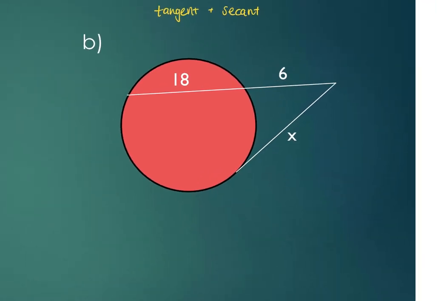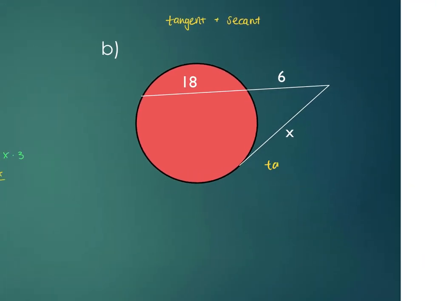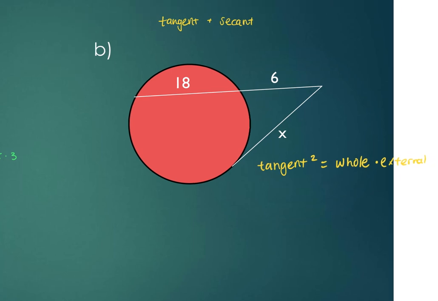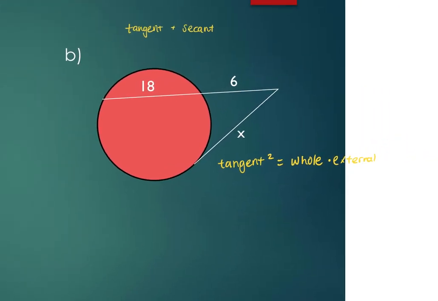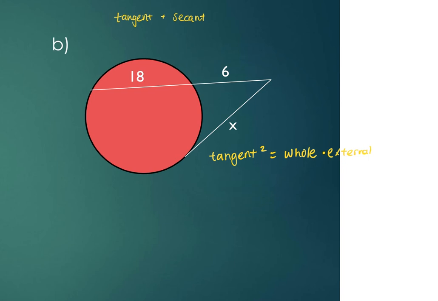Remember, for a tangent and a secant, it's going to be the tangent squared equals the whole times the external. All right, what is the tangent? What's the length of the tangent?